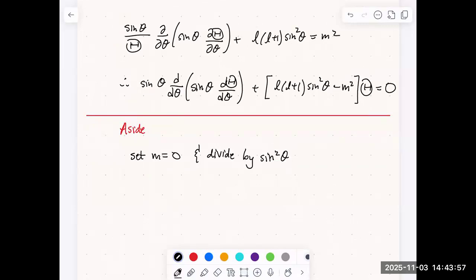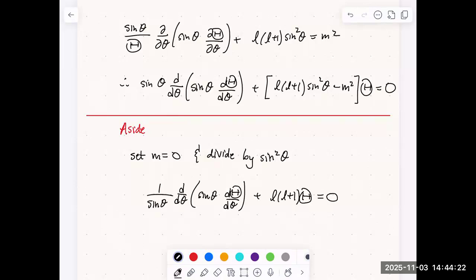So m equals 0, divide by sine squared. So this is gone, and we're going to have a 1 over sine theta in the first term. So 1 over sine theta, d by d theta, sine theta d theta by d theta, plus L plus 1 theta is equal to 0.